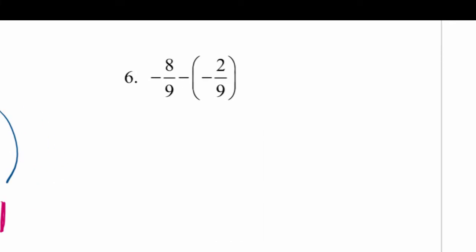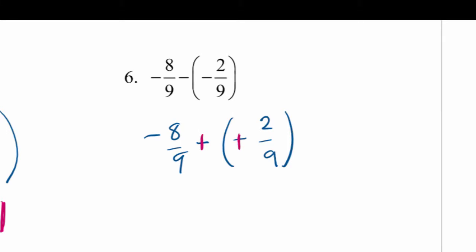In this problem, we are once again subtracting, and we have a -8/9 subtracting a -2/9. So we're going to once again change that subtraction to an addition, and then change the following number to the opposite, which would make it a +2/9.